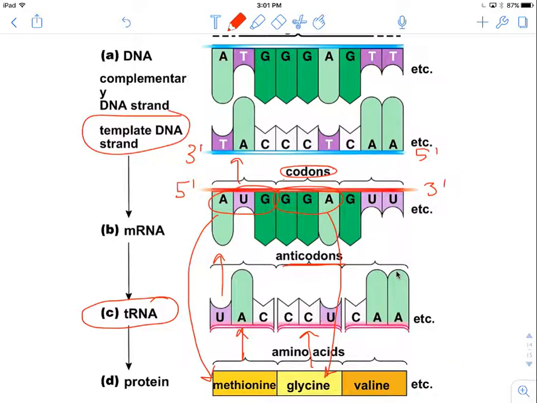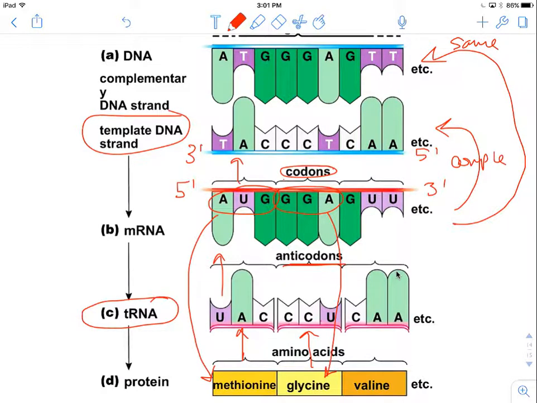Now, I want you to take a look here at some similarities. The mRNA is complementary to the template strand. But if you look, the mRNA is basically the same as the non-template strand.